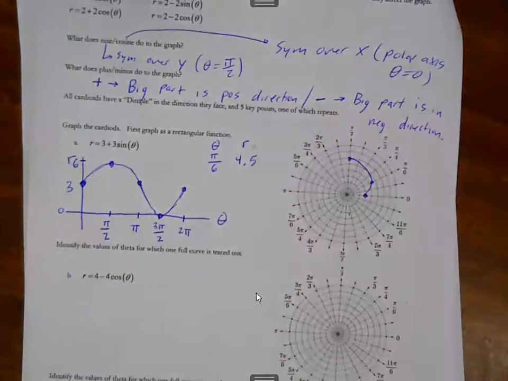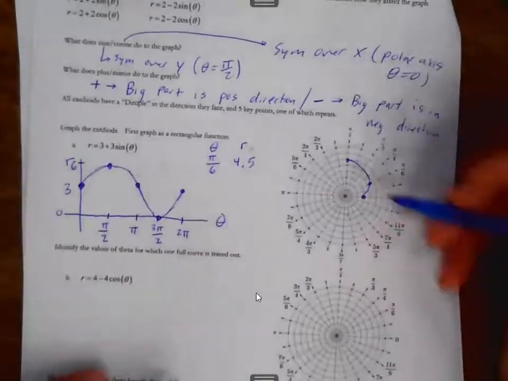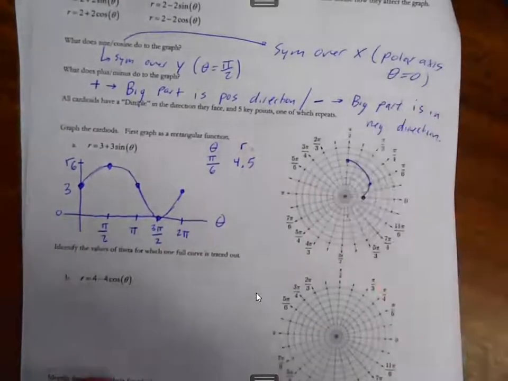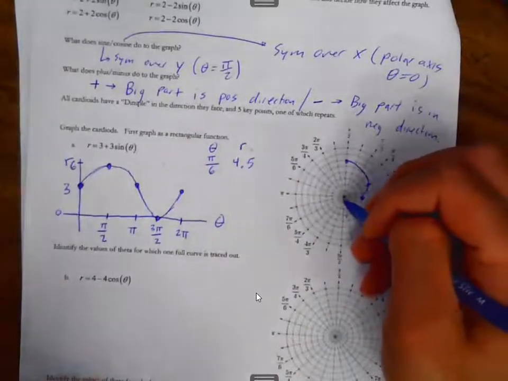So that's where that big part comes from. All right, and now if you've graphed these a couple times and you think about what it looked like on our calculator, since it's sine, it's going to have symmetry over the y-axis. So that means there'll be another point here at 4.5 comma 5 pi over 6.